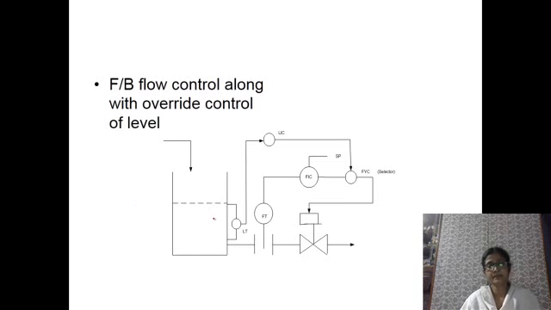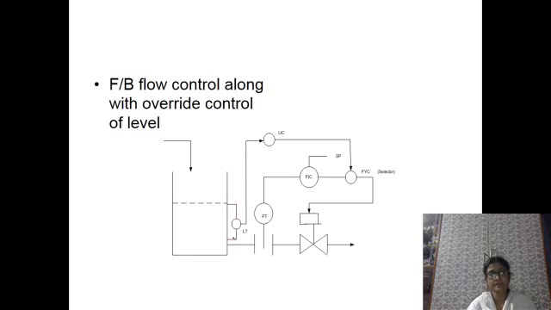Now this is the scheme called override. Our requirement is to maintain a certain level of the tank. Not only the upper level, I mentioned this earlier also, the level should be maintained at the upper level as well as the lower level, so that a dry run cannot happen in the system.